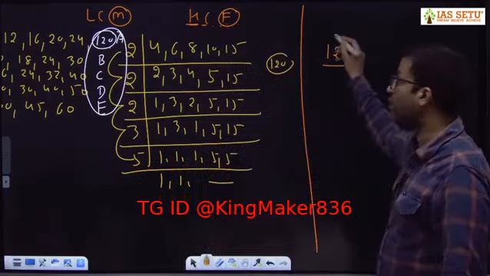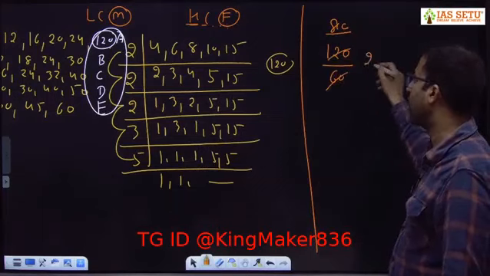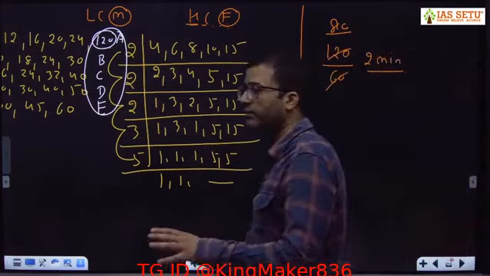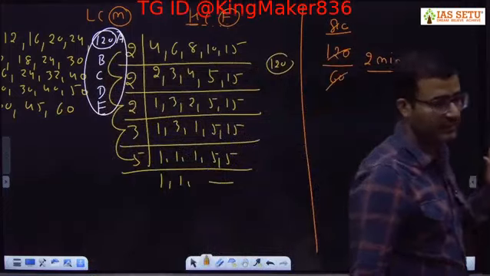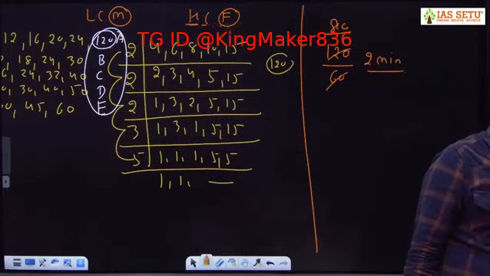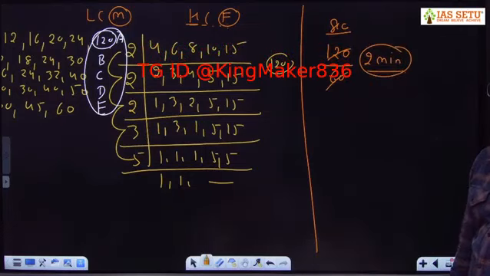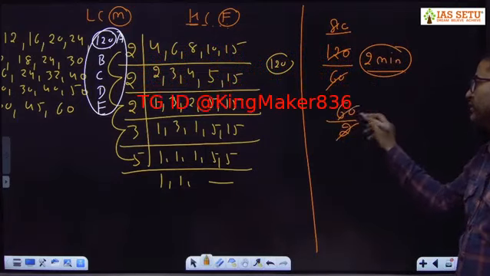You have to convert seconds into minutes, so divide by 60. Every 2 minutes all these 5 bells toll together. So if every 2 minutes all these bells toll together, in 60 minutes how many times? 30 times.